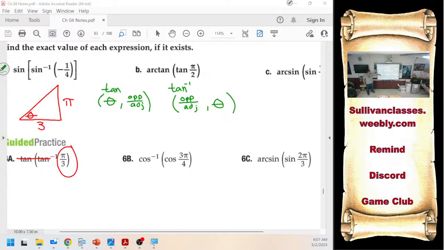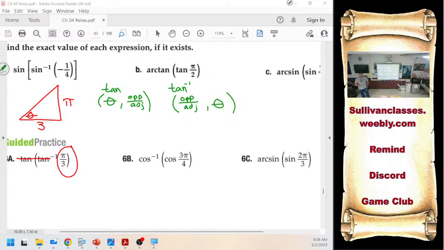So when they said arctangent of pi over 3, they were putting in opposite over adjacent. They just happen to use a pi to throw a curveball at you. Pi is a number. The side length could have been about 3.14.